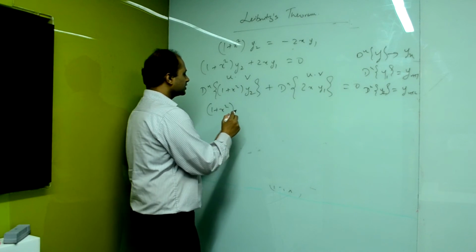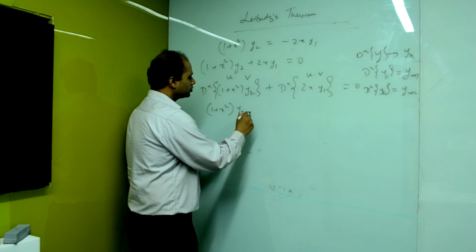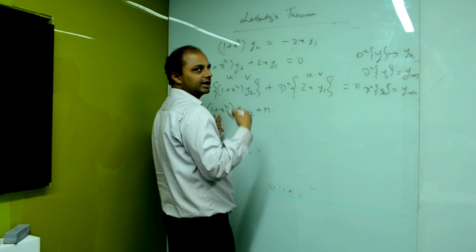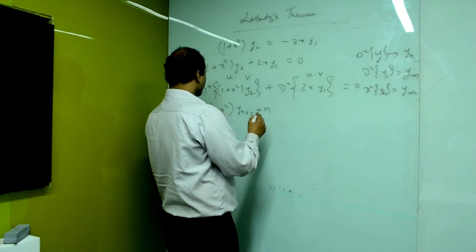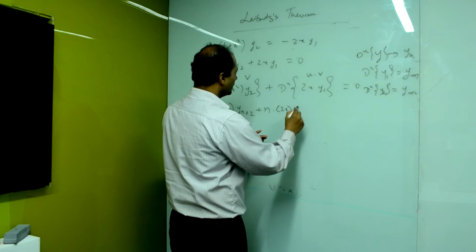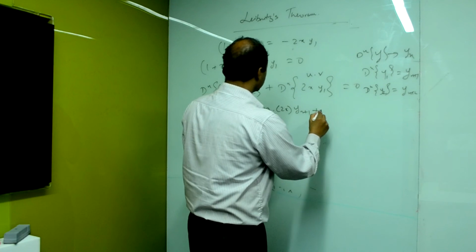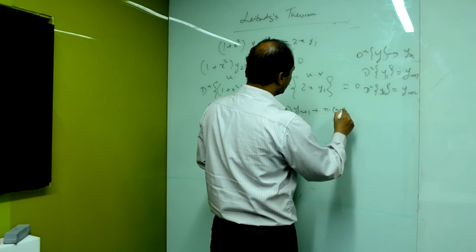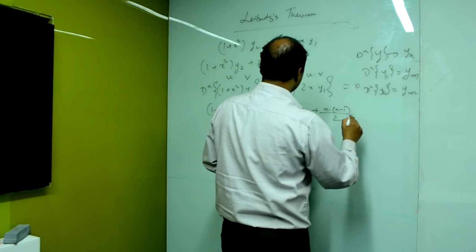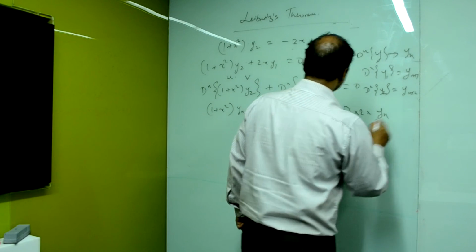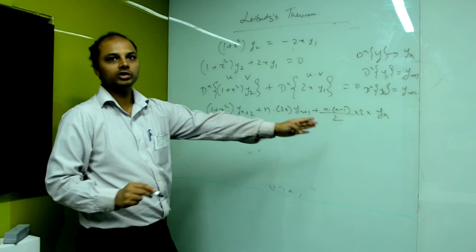the nth derivative of the second function will be y_(n+2) plus n into, keep differentiating the first function, so you get 2x multiplied by y_(n+1) plus n into (n minus 1) by 2 into 2 into yn. At this point we stop the nth derivative process.